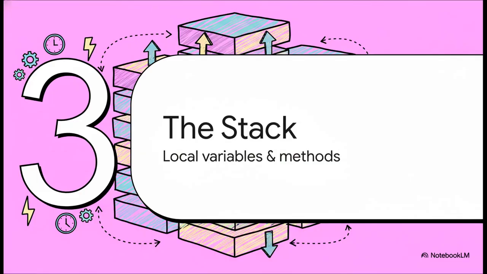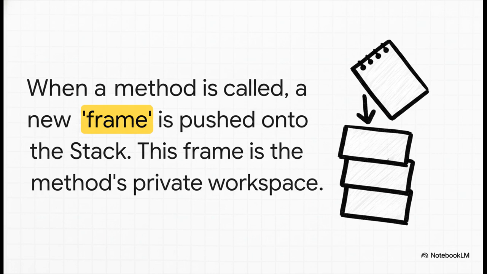So, where do these super efficient little primitives live? Well, most of the time, they end up in a place called the stack. You can think of the stack as this highly organized, blazing fast, but pretty temporary workspace. Just imagine the stack is, well, a stack of notepads. Every single time your code calls a method, a brand new notepad, we call it a stack frame, gets slapped right on top of the pile.